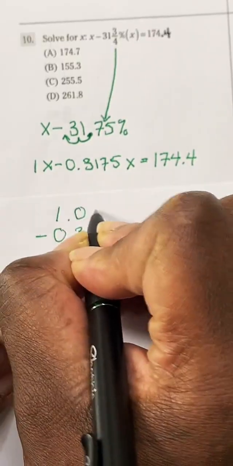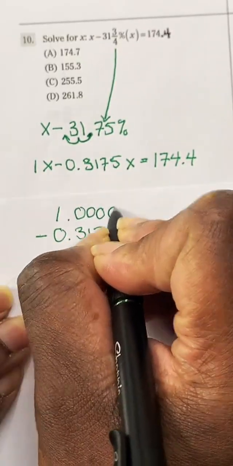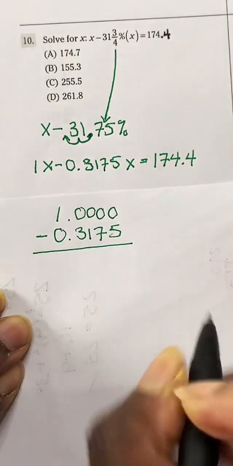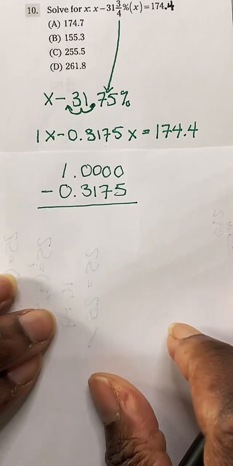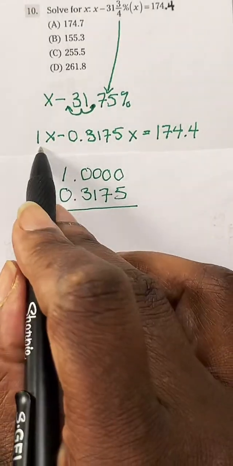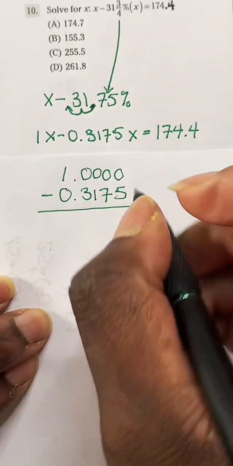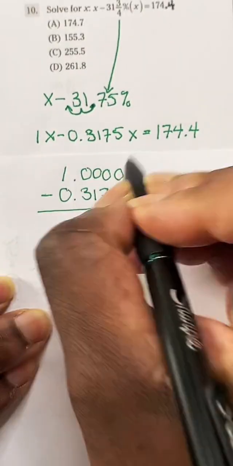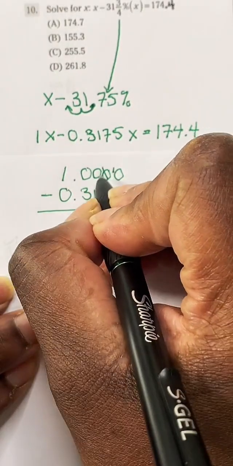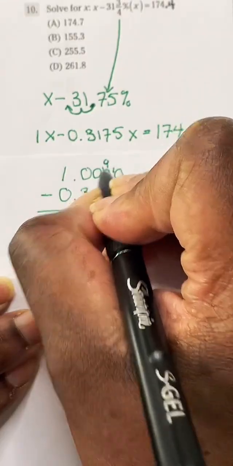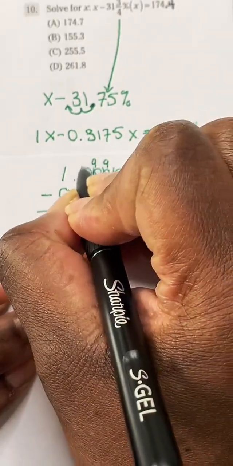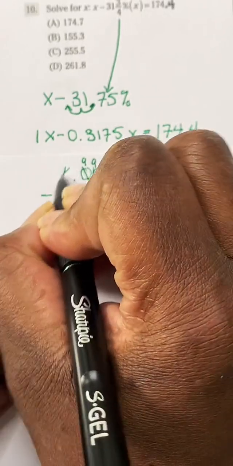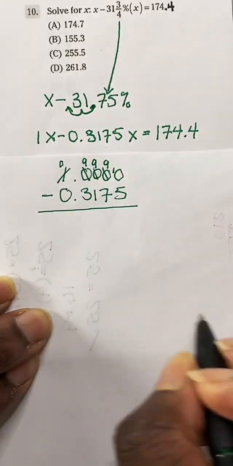So that means I need my 4 zeros. So if I'm subtracting these two, I know I'm going to borrow from this 1. This is going to be a 10. This is going to be a 9. This is going to be a 9. And this is going to be a 9. This is going to be a 0.